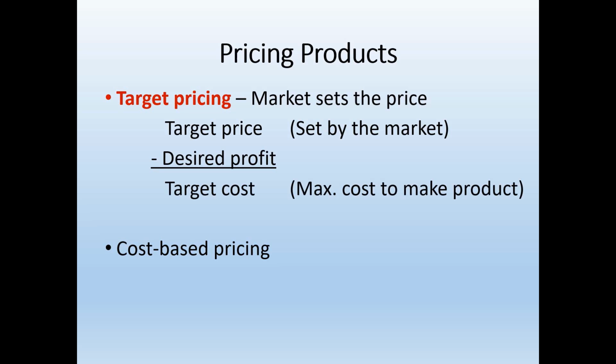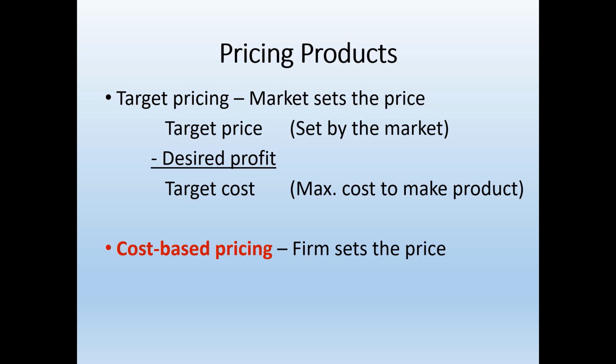The difference is the firm's target cost, that is, the maximum cost that the firm can incur to make the product. By contrast, firms that make unique products, so they don't really have many competitors, can use cost-based pricing, where the firm gets to set the selling price.